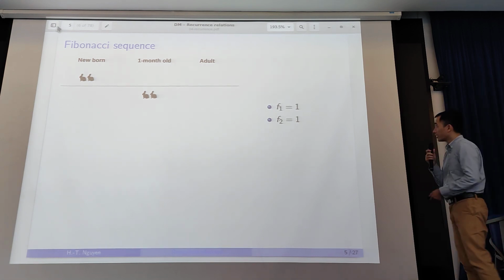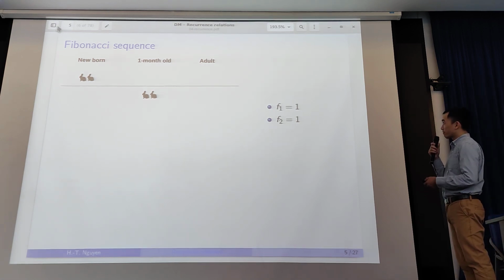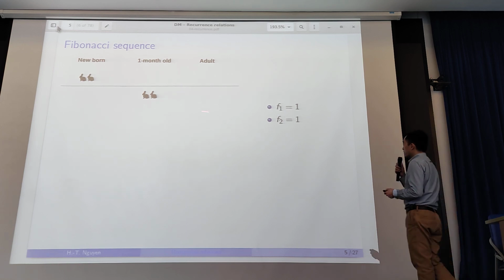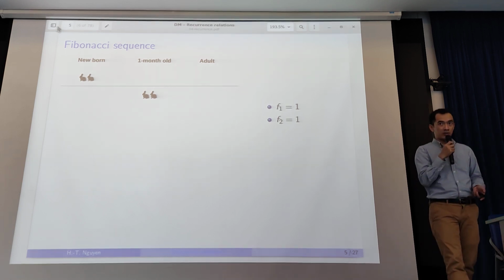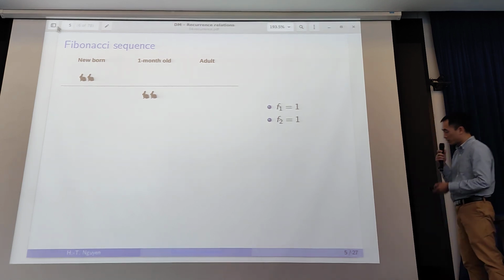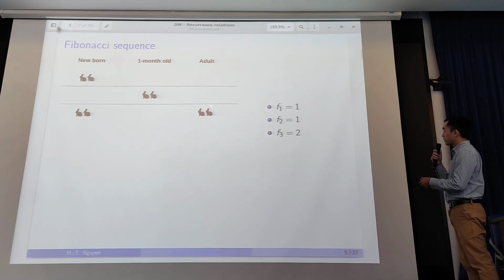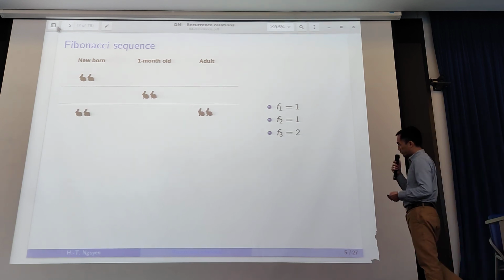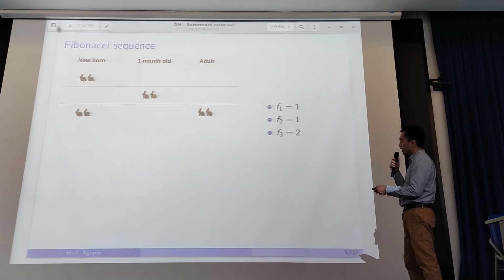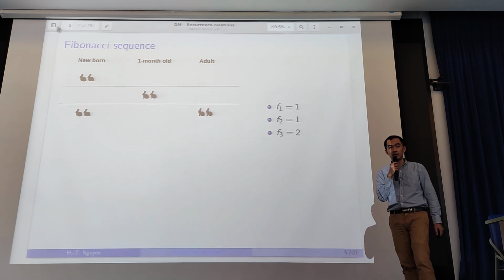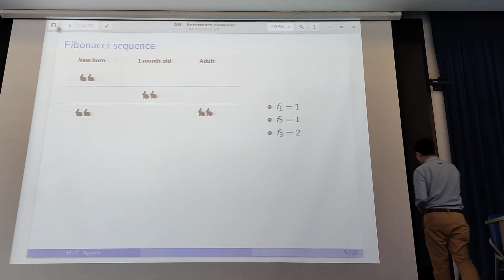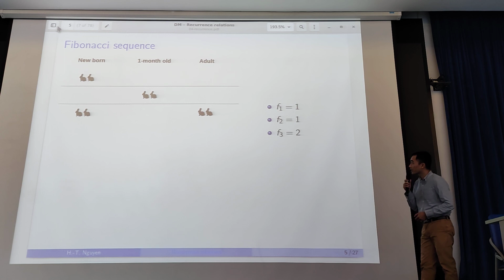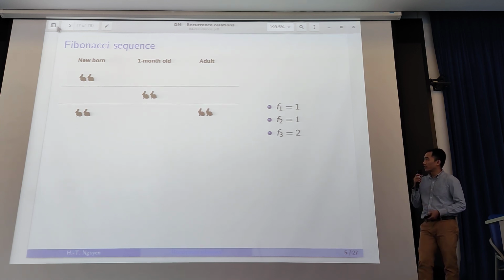Now the next month, this pair of rabbits will become an adult pair which is ready to reproduce. They become an adult pair, and they give birth to a new pair. So now we have F3, which is equal to 2. And so on.